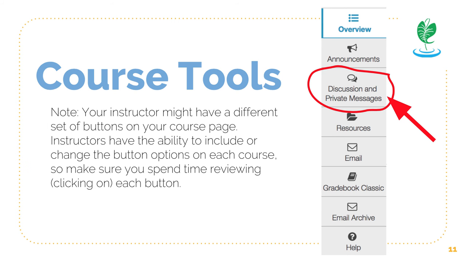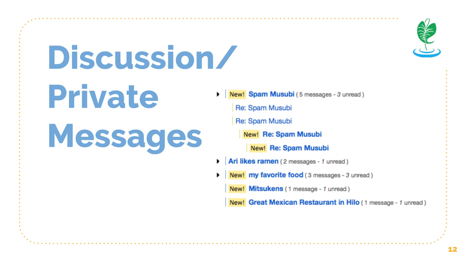So let's get started with one of the most commonly used course tools, which is discussion and private messages. So I'm going to go ahead and click on that, and once I click on that button, I see a forum of a bunch of different titles. So these titles represent discussions or private messages that have been developed by my classmates or sometimes my instructor.